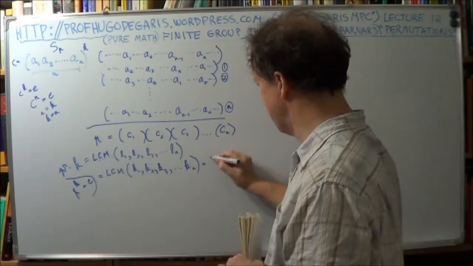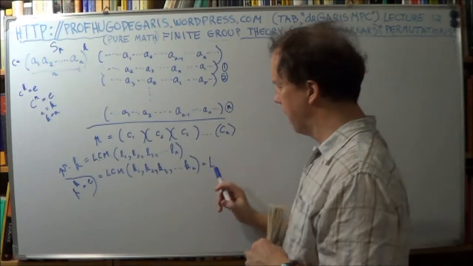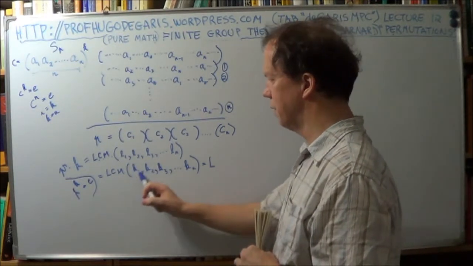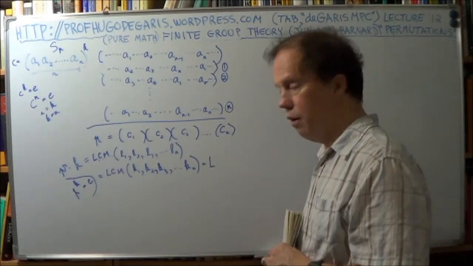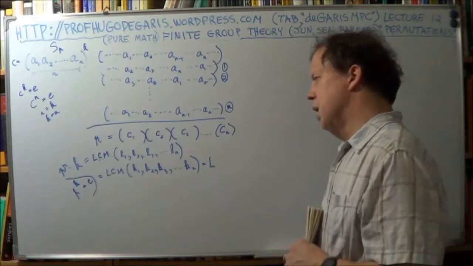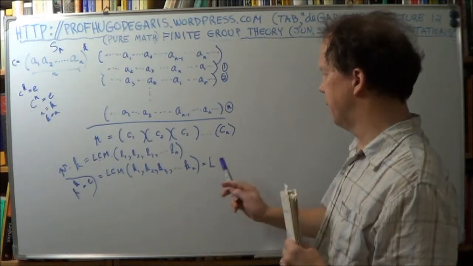Let's say it's L, an integer, and it's the least common multiple of all these integers, which are just the orders of these cycles.